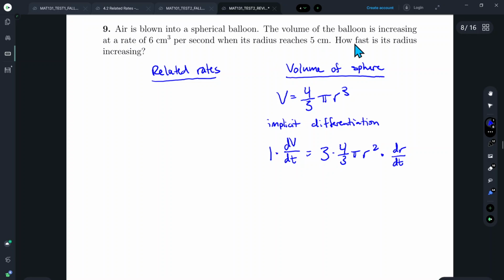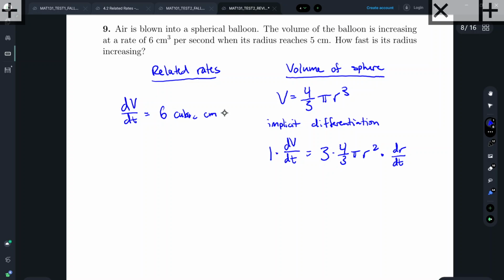And now what values do we have? Right, so what is this 6 cubic centimeters per second? That's the rate of increase in the volume, right? So it's a rate. So dV/dt is equal to 6 cubic centimeters per second.